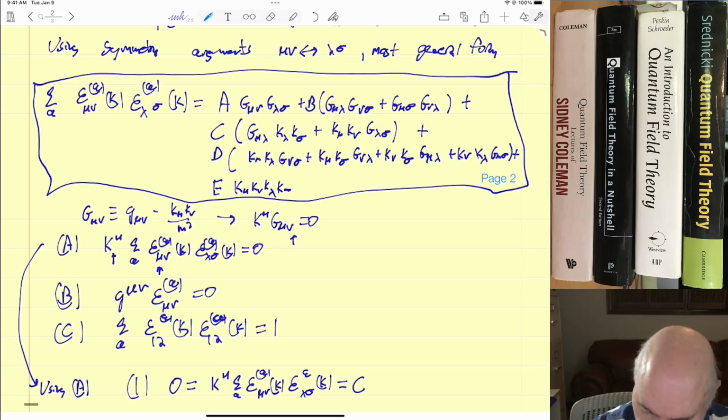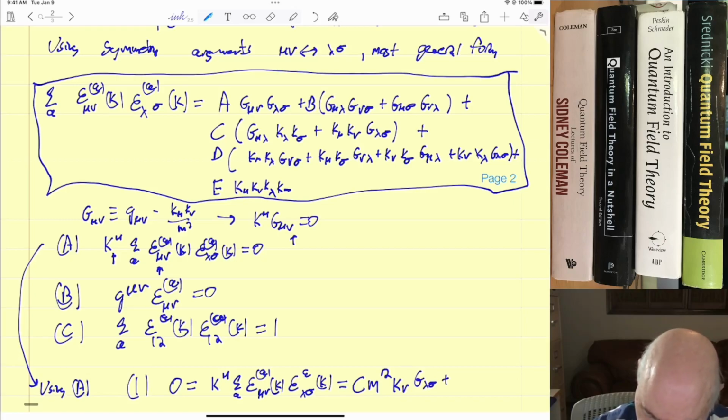Now, the first term in C is killed because, again, k mu g mu lambda equals 0. The second term has a k mu upper and k mu lower. That's just m squared. So we're going to get C m squared k nu g lambda sigma.